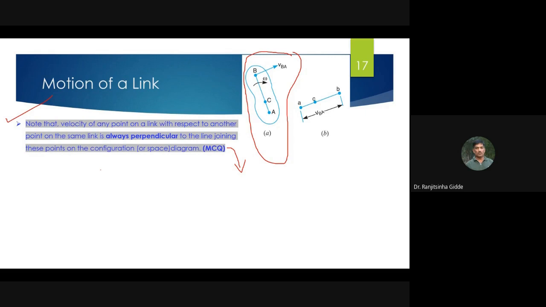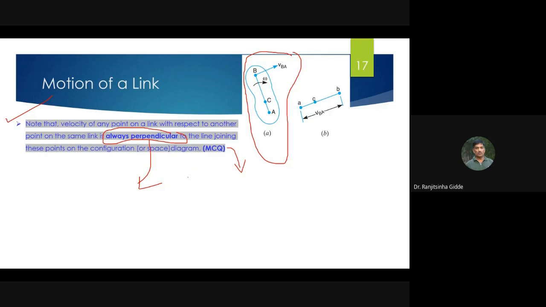Such type of question will be asked definitely with respect to the MCQs. So what will be the other options? Always parallel. So this one is the correct one, always perpendicular. Again the options will be A and B, and the fourth option will be none of these.